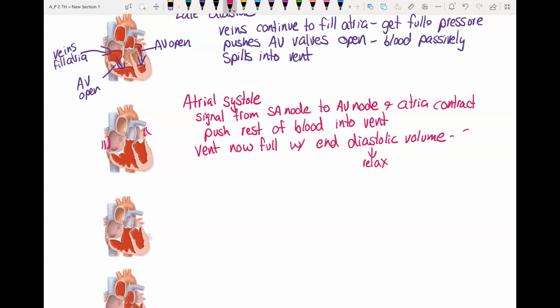So EDV is end diastolic volume. That is your ventricles full. And the average healthy adult at rest has 130 milliliters per ventricle. No, I'm sorry. Yes, 130.